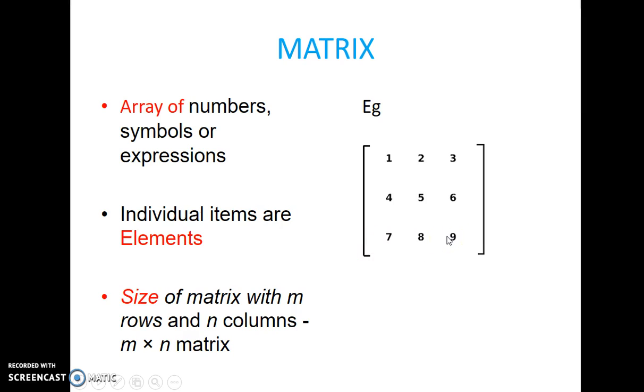So individual items, numbers, symbols or expressions are called elements. Now, the size of a matrix. We normally write the size of a matrix using the notation m cross n, but we read it as m by n. An m by n matrix means it has m rows and n columns. So in this example you can see 3 rows and 3 columns, so it is a 3 by 3 matrix.